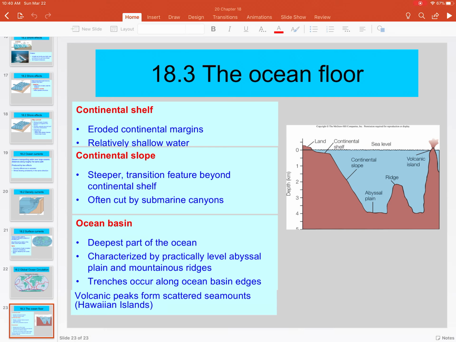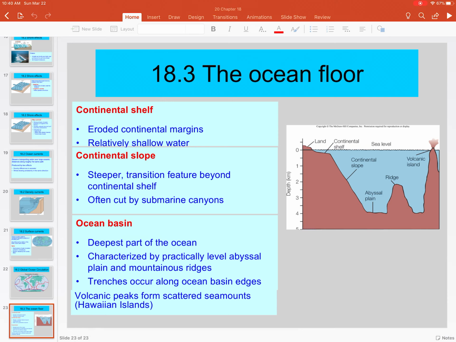After you leave the continental shelf, it drops off very drastically to the continental slope. It's a steeper drop, a transition feature beyond the continental shelf, and it's often cut by submarine canyons, like really deep canyons, not cannons like guns, but canyons like the Grand Canyon. Now this is the area where we start to know not a lot.